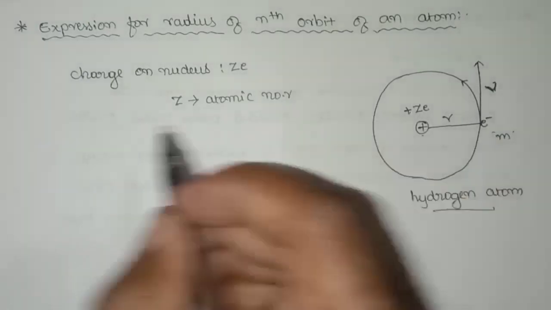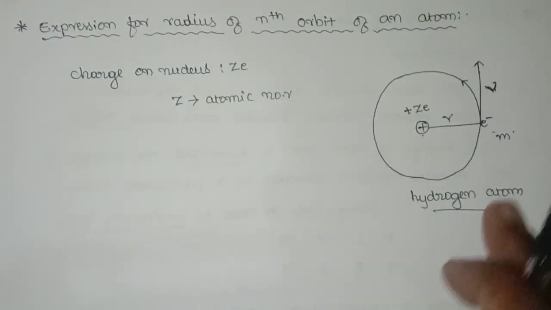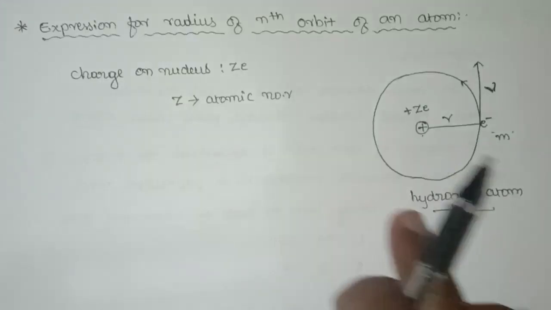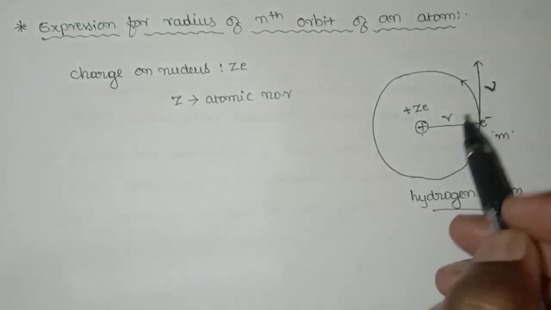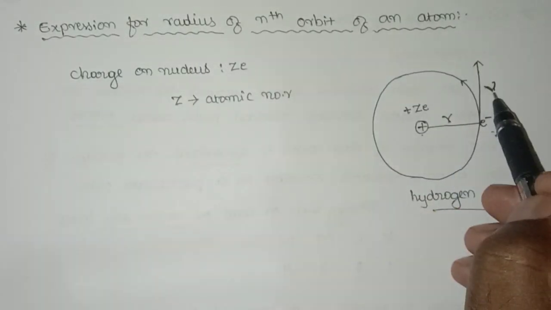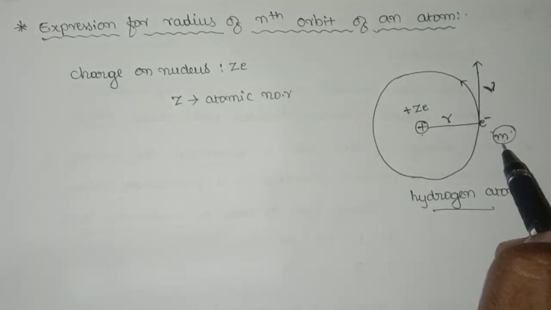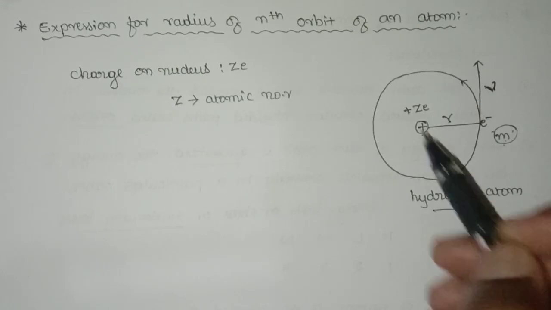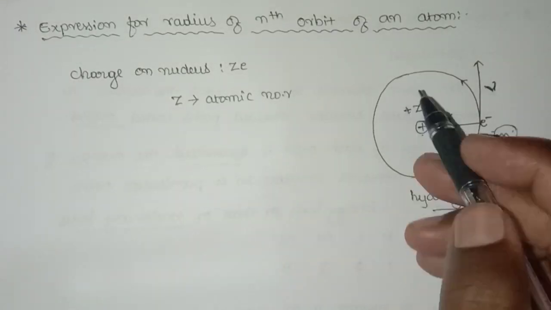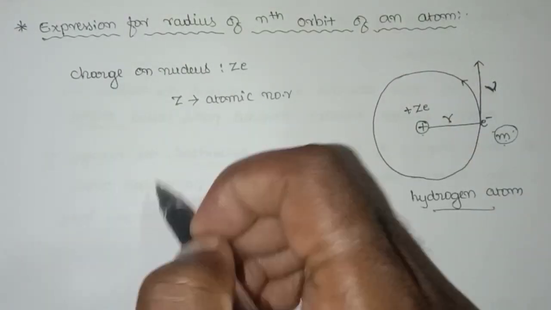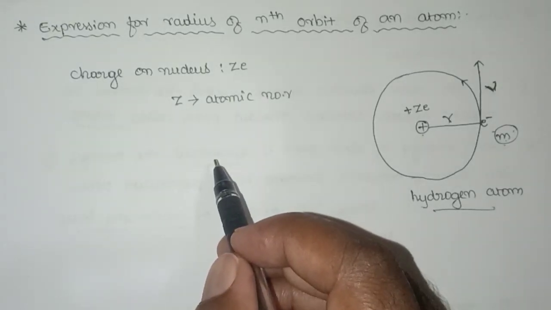And the electron, which has a charge of minus e, is revolving around the nucleus with a radius of r and a velocity of v, where m is the mass of the electron. We know that the mass of the electron is 9.1 times 10 to the power of minus 31 kg.